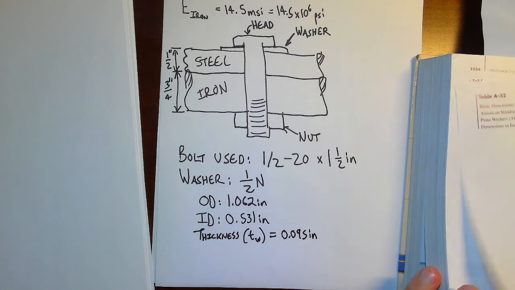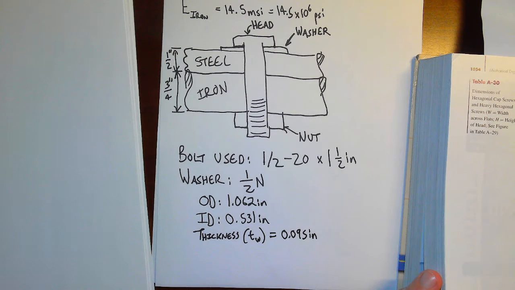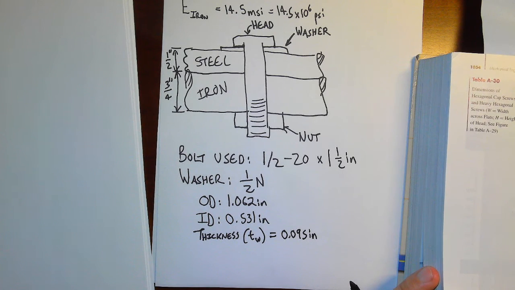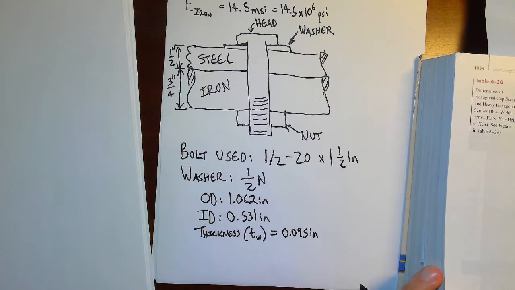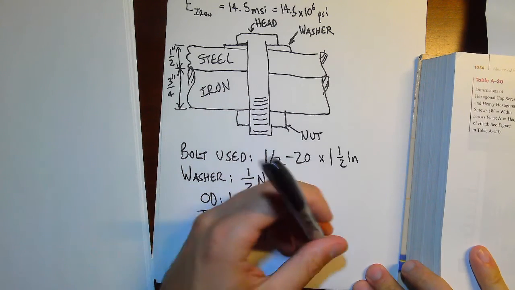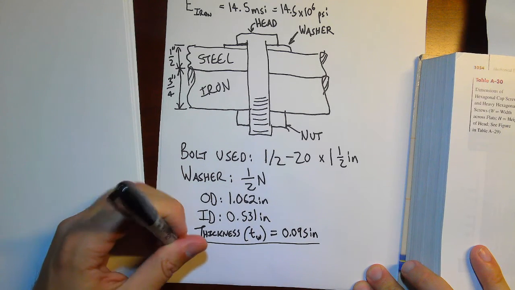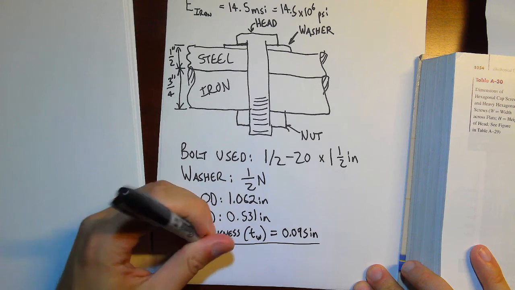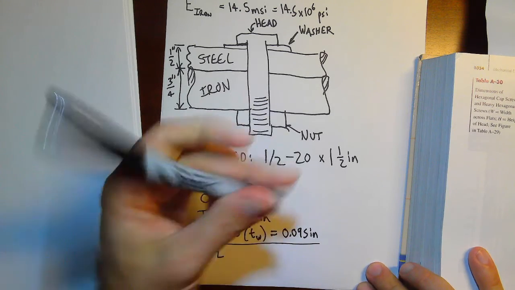Great. While I'm here, I can turn back one to table A30. Table A30 has the dimensions of hexagonal cap screws. Nope, I want table A31. That's dimensions of my hexagonal nut. For a 1/2 inch nut, it's on a 1/2 inch bolt.